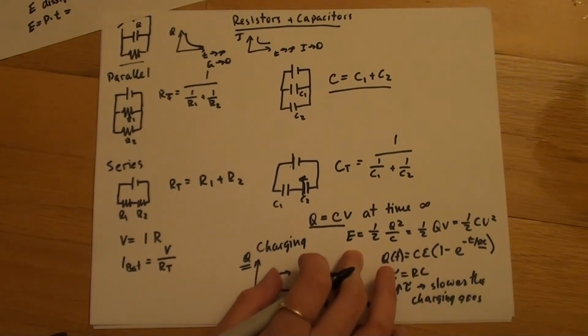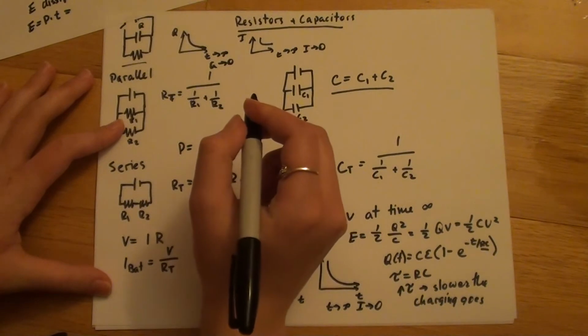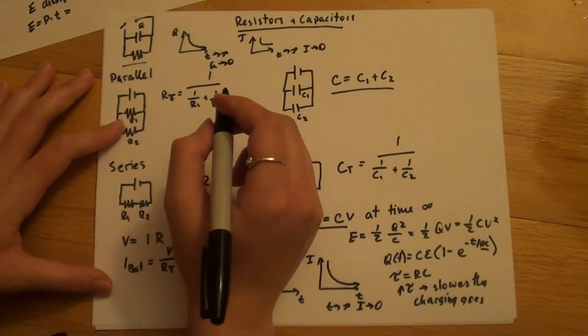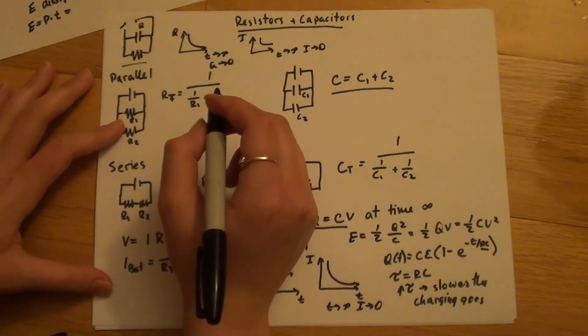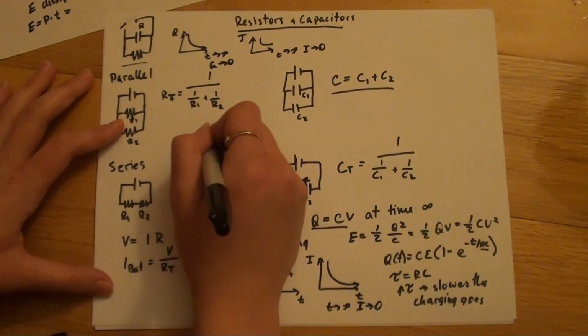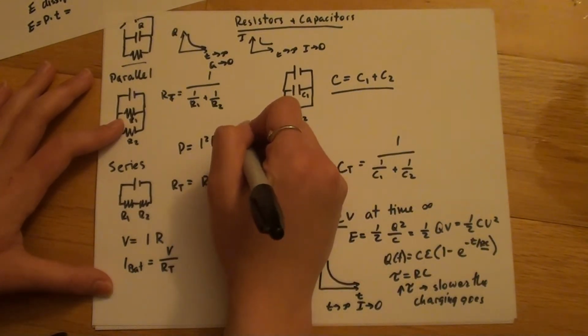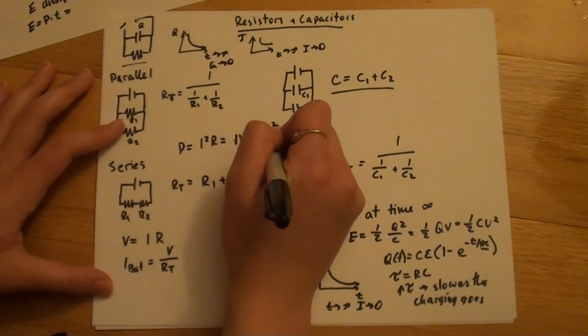The power formula is equal to I squared R, and if you manipulate this, you can actually get that it will also equal IV, or V squared over R.